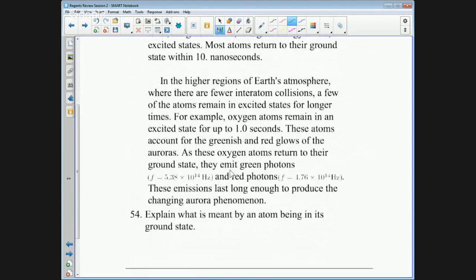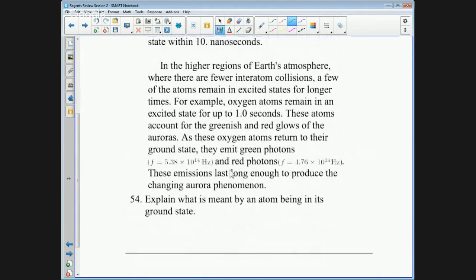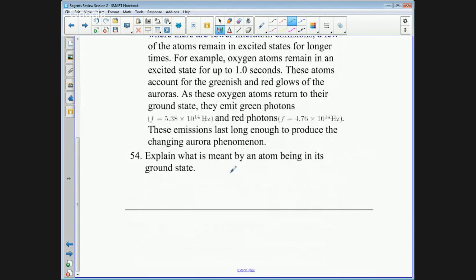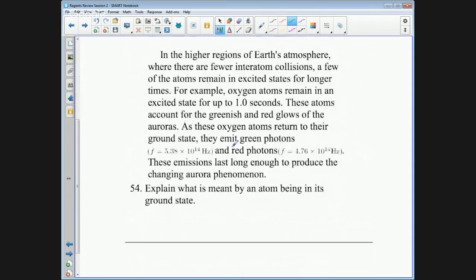I'm not going to read it, but number 54 says, explain what is meant by an atom being in its ground state. If you actually read the passage, it says from the lowest available energy level, the ground state. That's the only thing you need to write down.